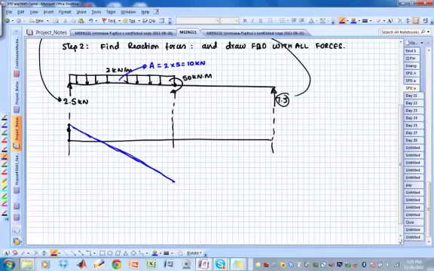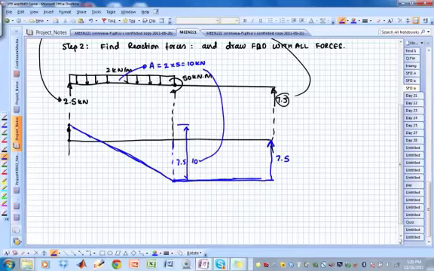And then it's going to go flat. So 7.5 goes all the way down and jumps up by 7.5. This total height 10 is this area, right?